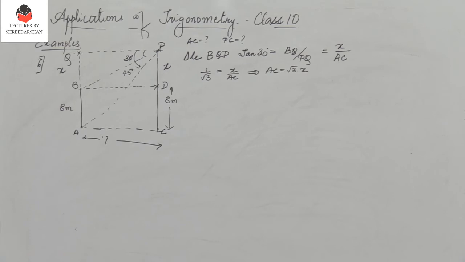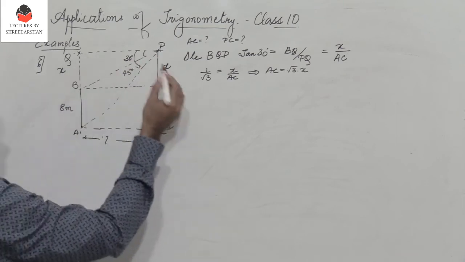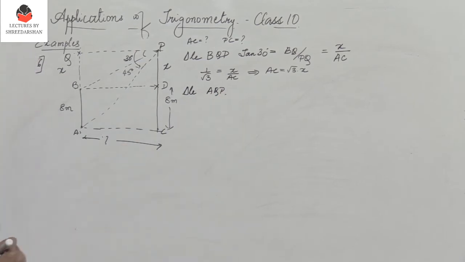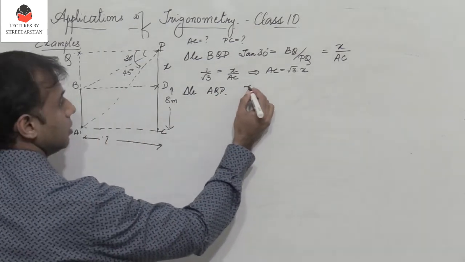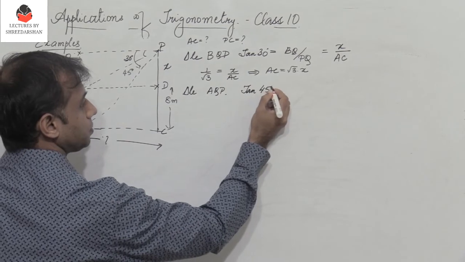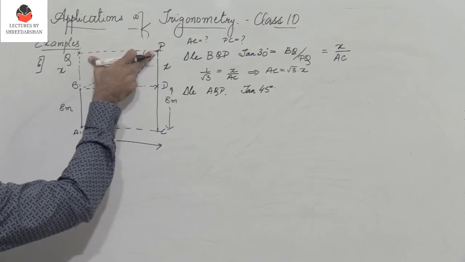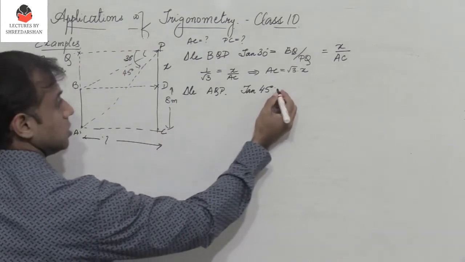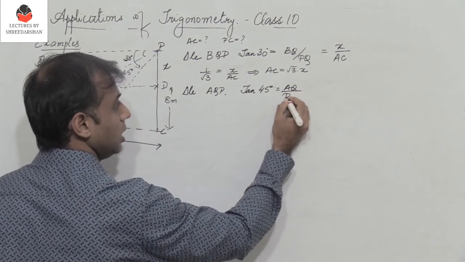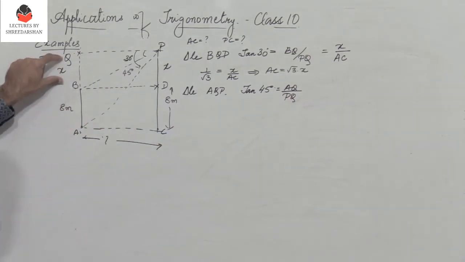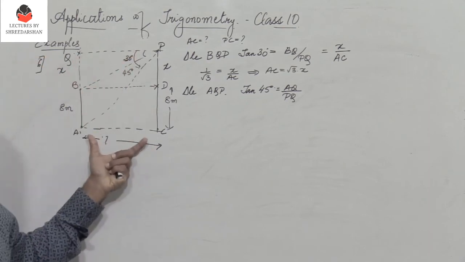Now let us consider another triangle, the triangle AQP. Now if I consider tan 45 degrees, what is tan 45? It is the opposite side, which is AQ, divided by the adjacent side, which is PQ. And AQ is 8 plus x and PQ is AC.